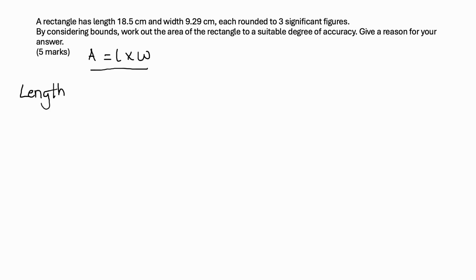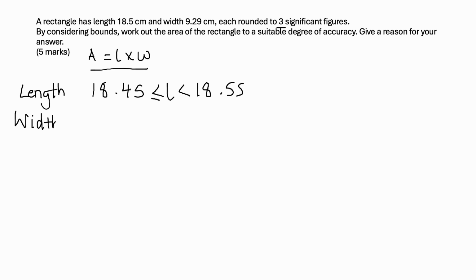We are told that the length is 18.8 centimeters, and they've all been rounded to 3 significant figures, meaning that our lower bound is going to be 18.75, and our upper bound is going to be 18.85. So I'm going to write the error interval as this. Same thing for width.